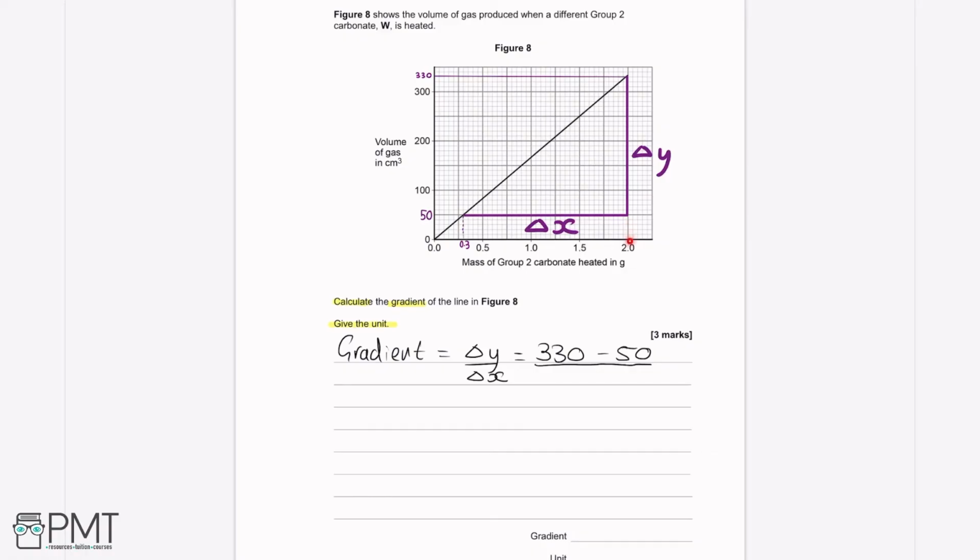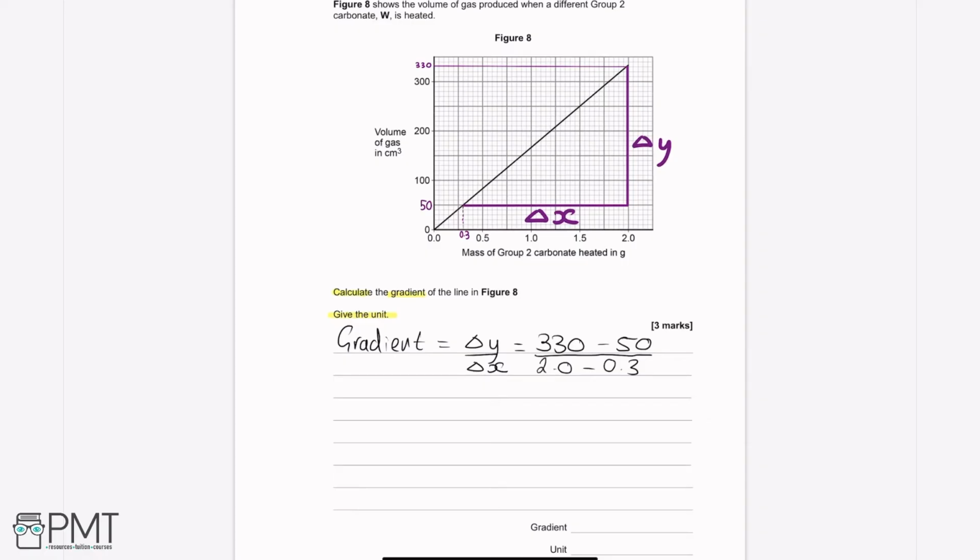So that's 2 take away 0.3. And typing that in your calculator will give you an answer that's somewhere around 165.